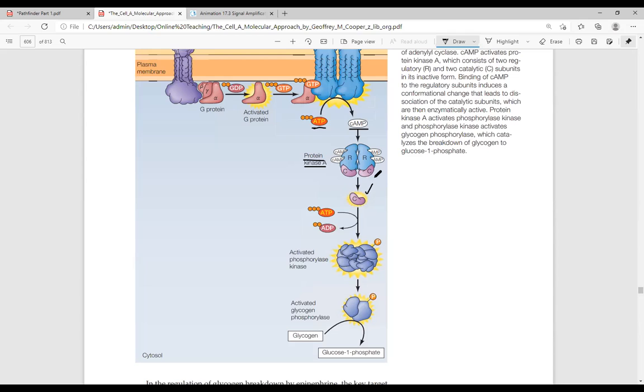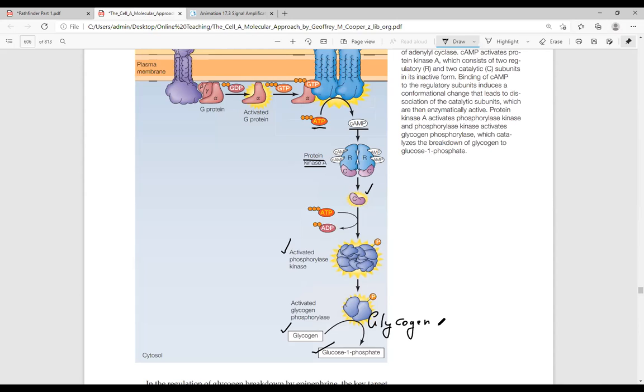Once the catalytic subunit has been activated, it activates phosphorylase kinase and induces another pathway in which glycogen gets converted into glucose 1 phosphate, leading to glycogen degradation.